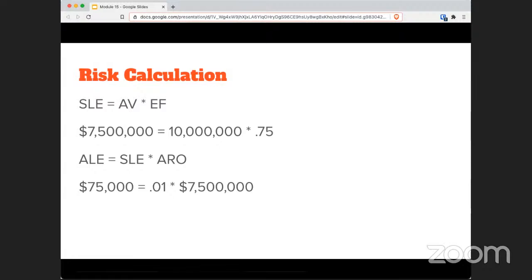These terms are important because we're talking about money. We're talking the language of those who hold the money. Being able to quantify our risk in dollars will speak to those in upper management.